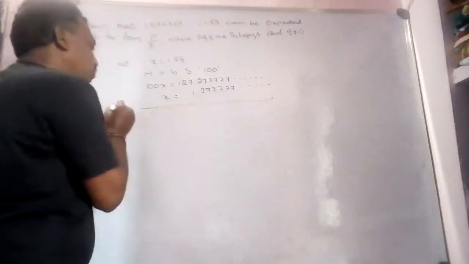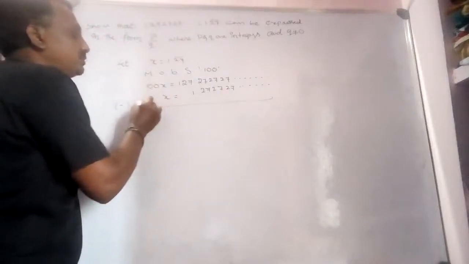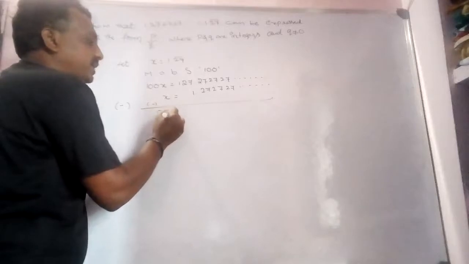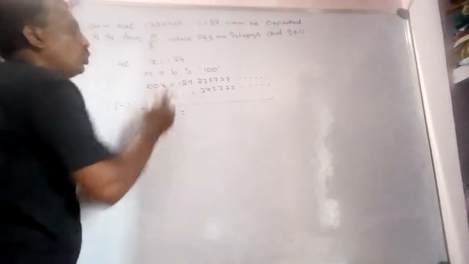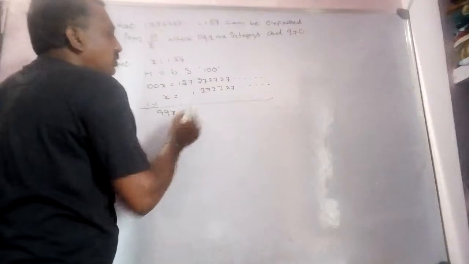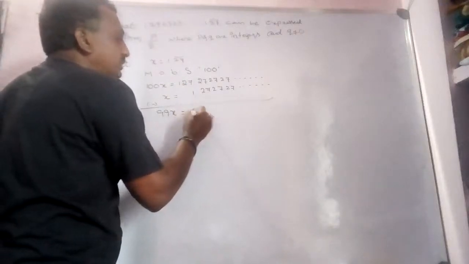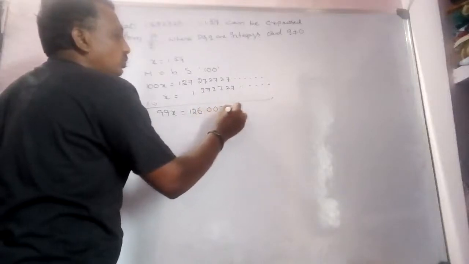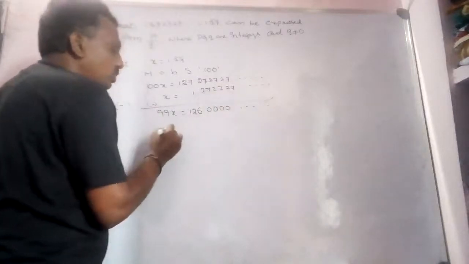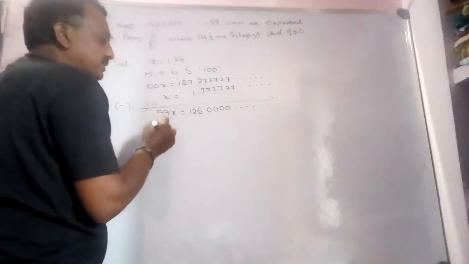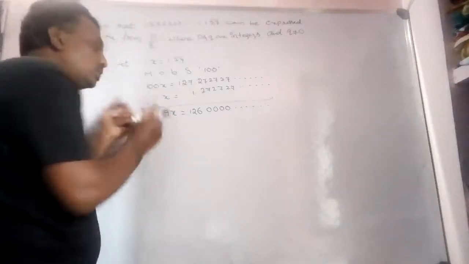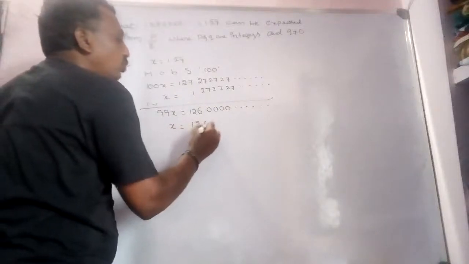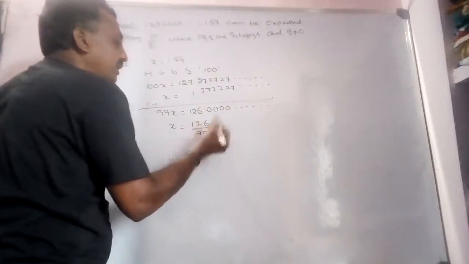Subtracting, 100x minus x is 99x, which equals 127 minus 1, that is 126.0000 and so on. All we get are zeros. So 99 into x becomes division: x equals 126 by 99.